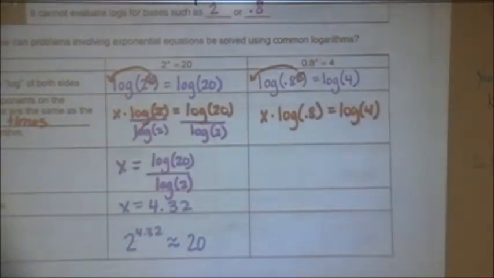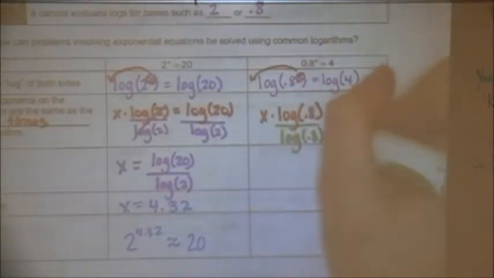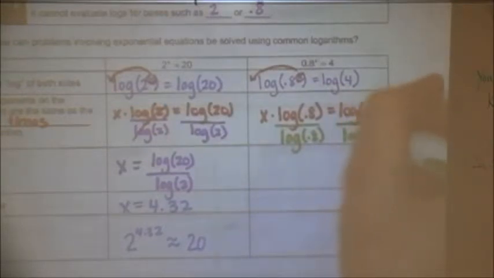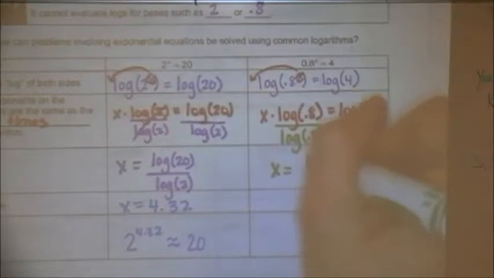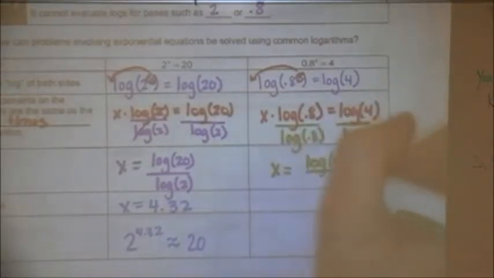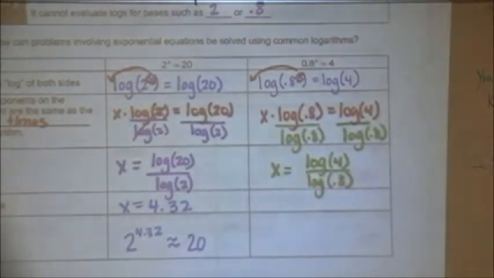And now I need to isolate x. So I'm going to do that by dividing. So I'm going to divide both sides by log of 0.8. So my exact answer is log 4 over log 0.8. Now remember, these are common log, that's why there's no base written. And that's so that I can plug it in my calculator.